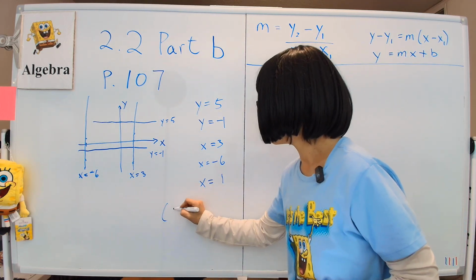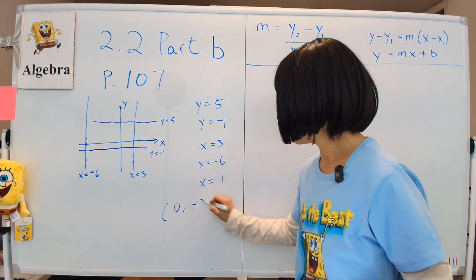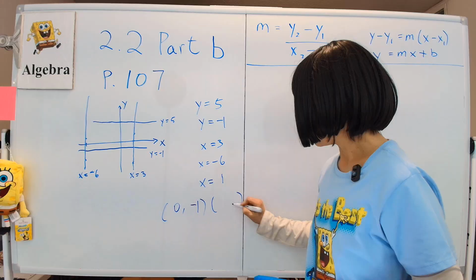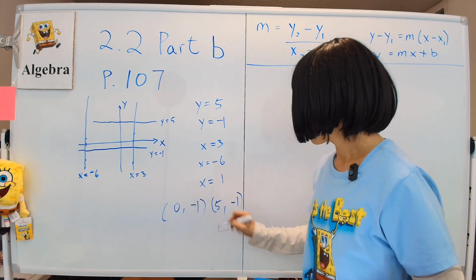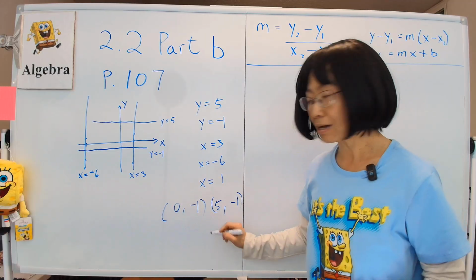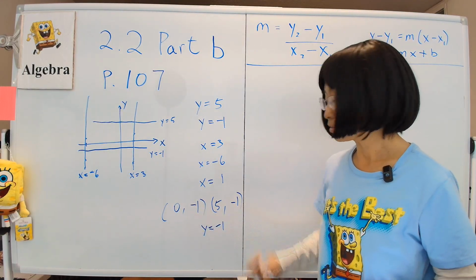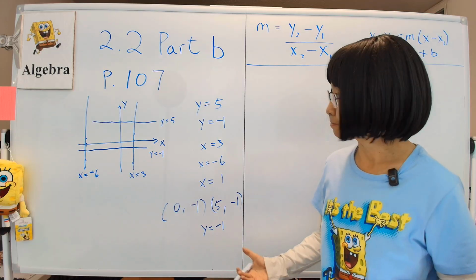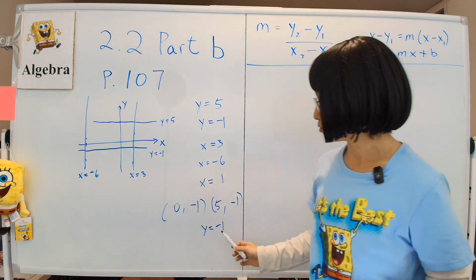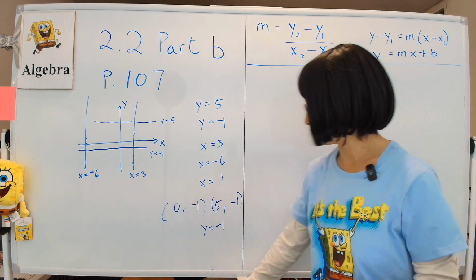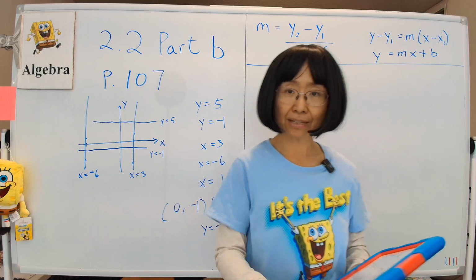Let's say you have to draw a line through some points, I don't know, (0, -1), and then another point that has the same y value, maybe (5, -1). In that case, the equation is automatically y equals -1, because y is -1 in both cases. Then y is always -1, which means it's a horizontal line where y is always -1. So that's how you do this type of problem. So please do example 13 as part of your homework.